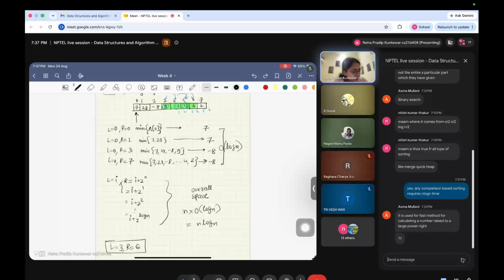Oh, actually, sorry, this should be minus 1, because finally the size of the array is a power of 2. That's what we are doing.